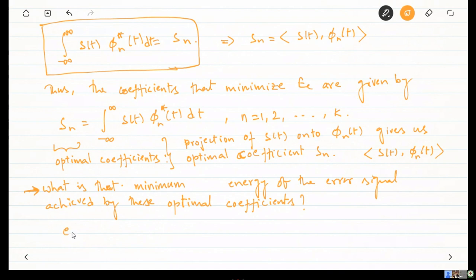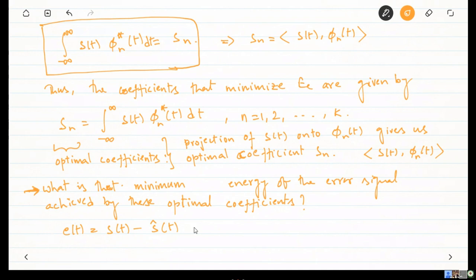To solve this, let's again go to the basic equation. E of t is s of t minus s hat of t, right? From this only we came up to all these things.